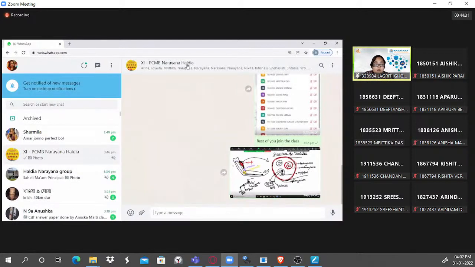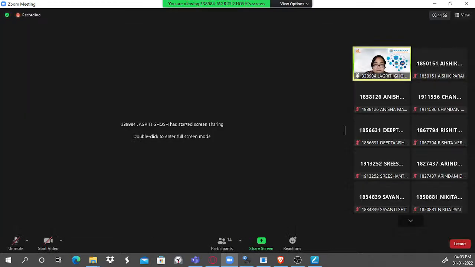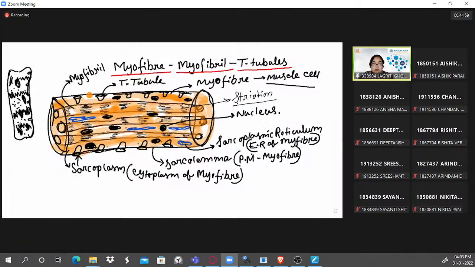Now here, this entire thing was the myofiber, and these small lines are the myofibrils.